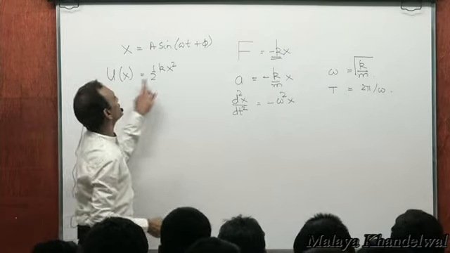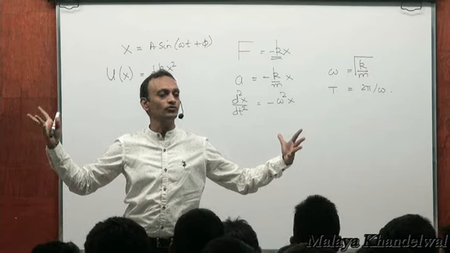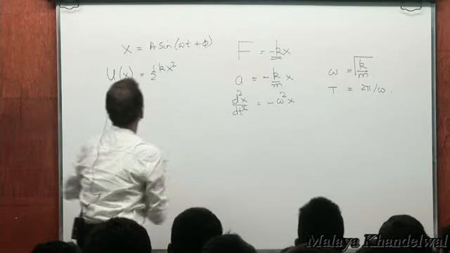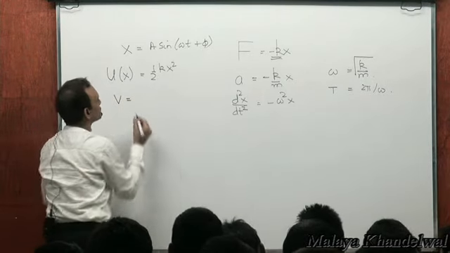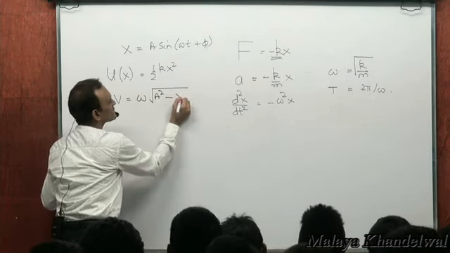The potential energy at x is given by half kx squared on the premise that at x equal to 0, we would look upon the potential energy function to be 0. And the speed at any given instant of time was given by omega root a squared minus x squared.